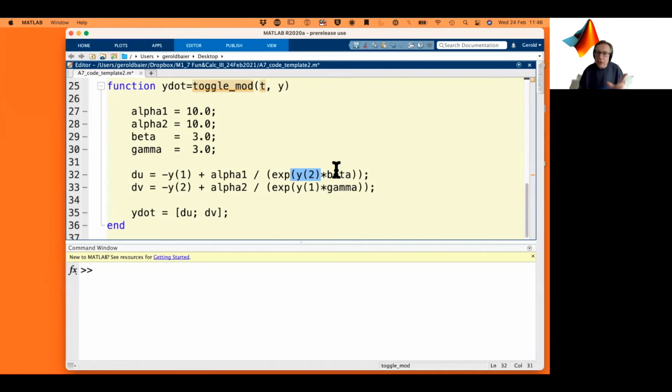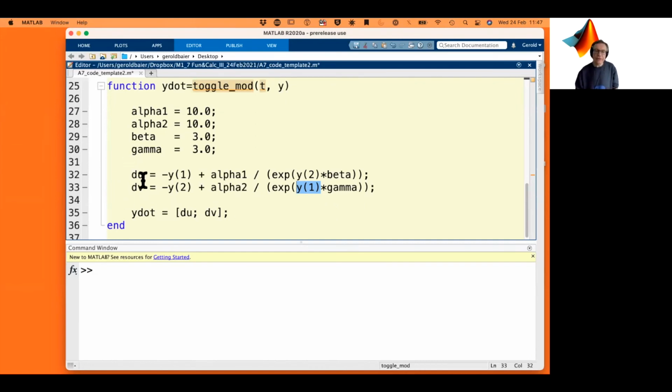So large amounts of y2 will make sure that the first variable, y1, doesn't have any positive term anymore. So it will tend to decay. And vice versa, if you have very large numbers of the first variable y1, then due to this being divided by the exponent of y1, you will make sure that the second variable will not have much of a positive contribution, but that this positive contribution will tend to 0. So this whole thing here will be tending to 0 because 10 divided by something very large will still be very, very small.